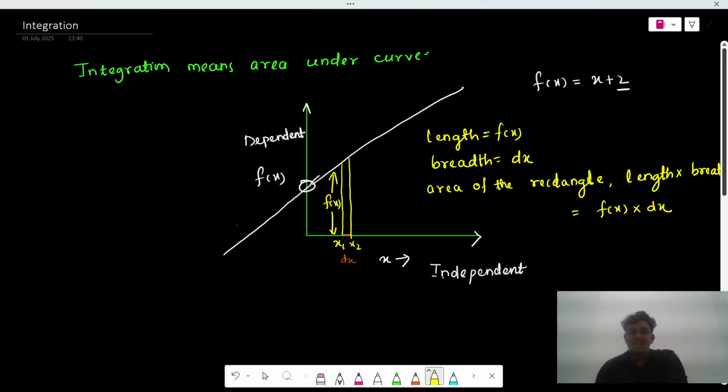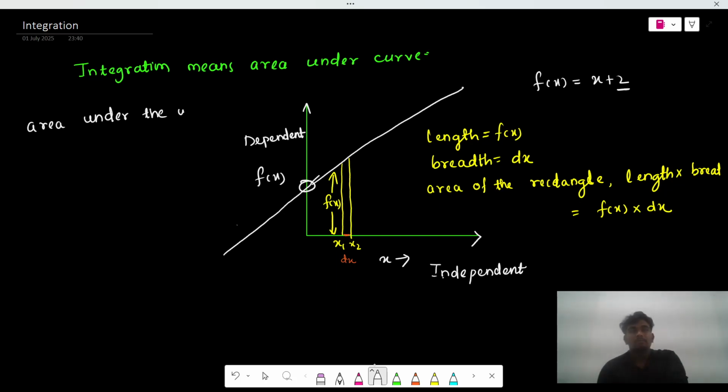Now, as you know, this bigger curve can be broken into smaller pieces of rectangles. As this is a continuous system, I can say the area under the whole curve is equal to integration. Integration means a continuous sum.